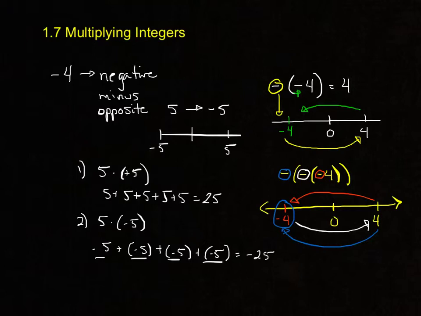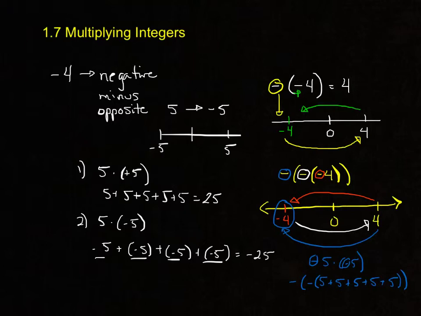And so when we have something such as -5 times -5, well, that's simply 5 groups of 5, but now we have a negative and another negative. So that's saying the opposite of this value.